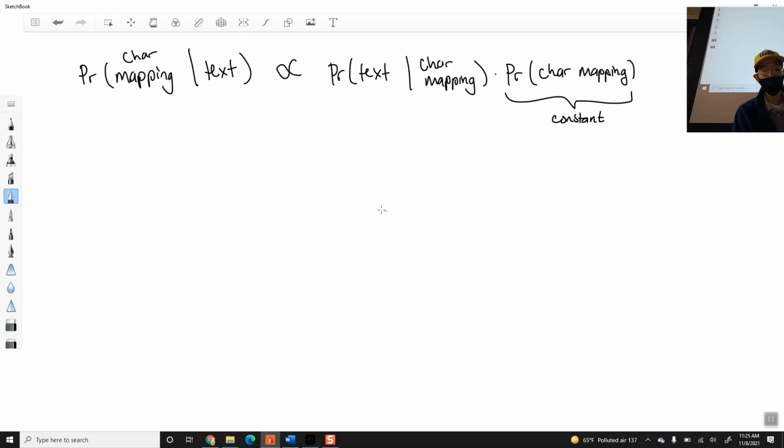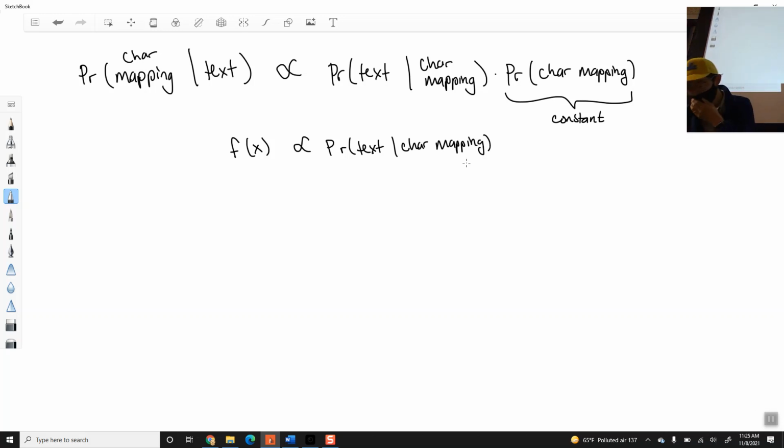So what we're looking for, our f of x, is just the probability of the text given the character mapping. So how do we evaluate the text? How do we figure out this thing?